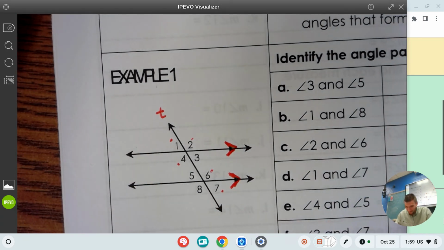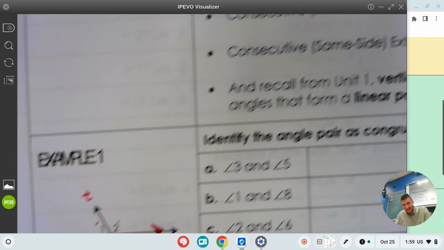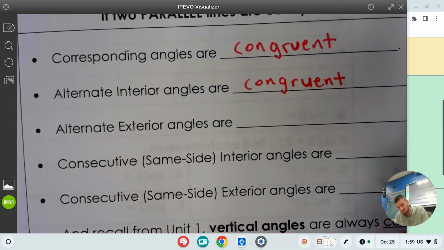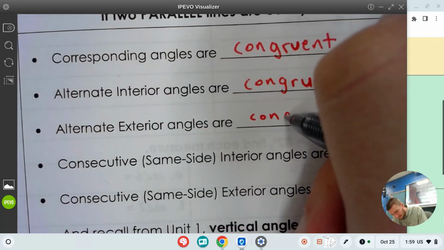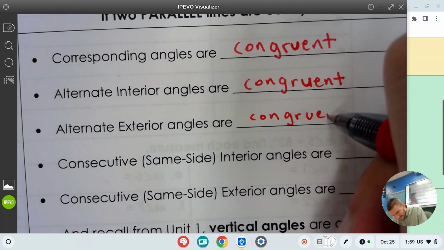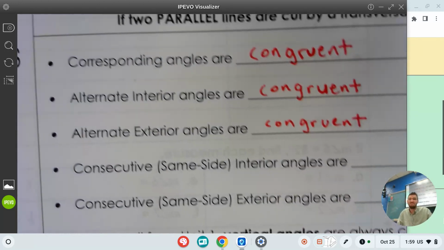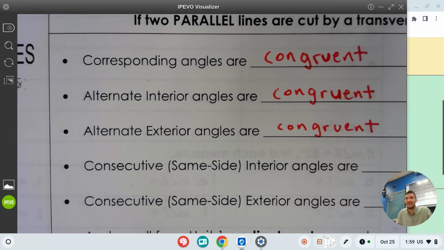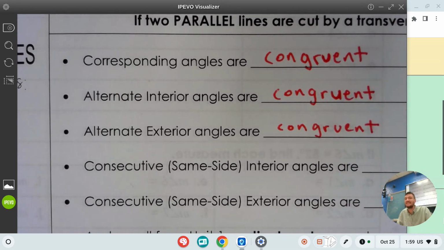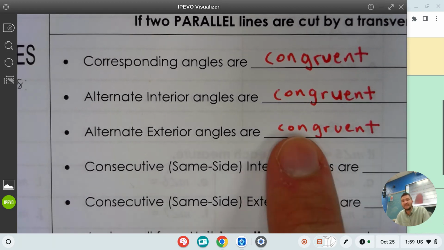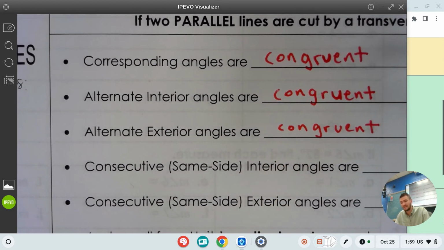So guess what? Alternate exterior angles are congruent. Again, what we're realizing is that all of these angles are the same. That's going to make these questions very easy, because if one of them is 15, all of these are going to be 15, 15, 15.